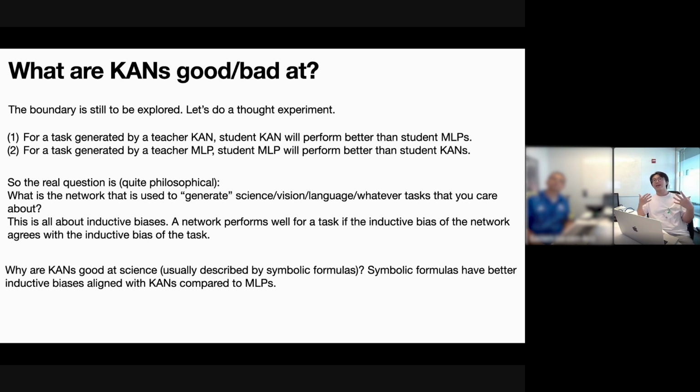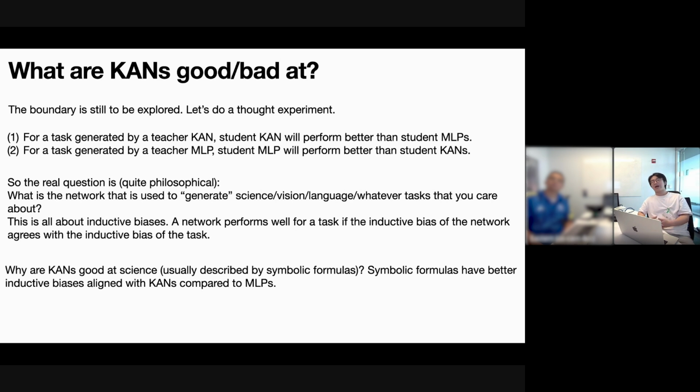For me, I care about our physical universe. I care about science. So the question is, is science generated by some sort of networks, is science generated by KANs, or is science generated by MLPs? This is all about inductive biases. A network performs well on a task if the inductive bias of the network agrees with the inductive bias of the task.